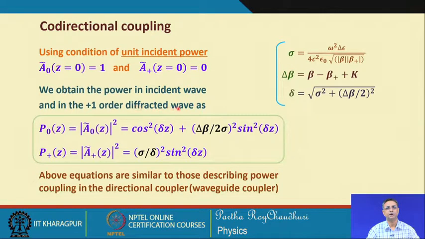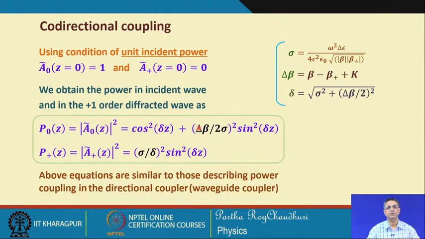So, it will be a good task to carry out this algebra, and from there we can calculate that P 0, the incident power, will be mod a 0 of z squared. This z is any intermediate position between z equal to 0 to z equal to d or z equal to a. So, that appears in this form, and P plus will be mod a plus of z squared, which will be in this form.